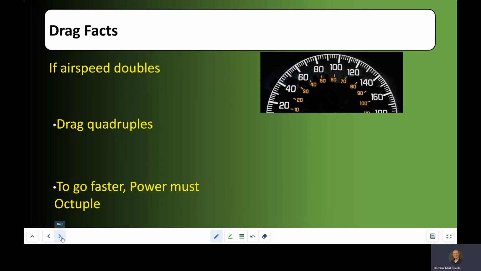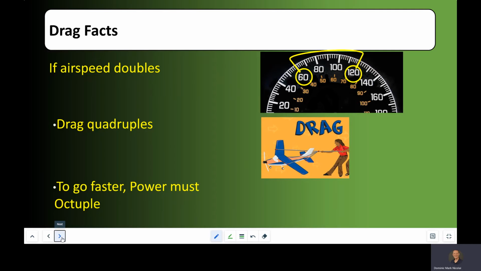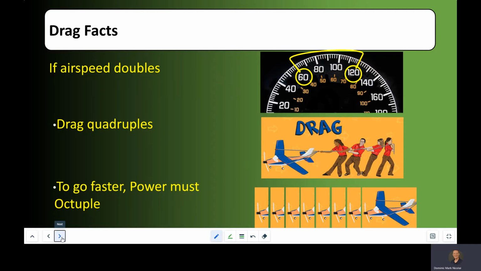Looking at drag, there's some concepts here that you should know about, especially for the knowledge test. If you take the airspeed and double it, say if we go from 60 knots to 120 knots, the effect on drag is that it will quadruple. So doubling airspeed quadruples drag. In order to go faster, you must octuple the power.